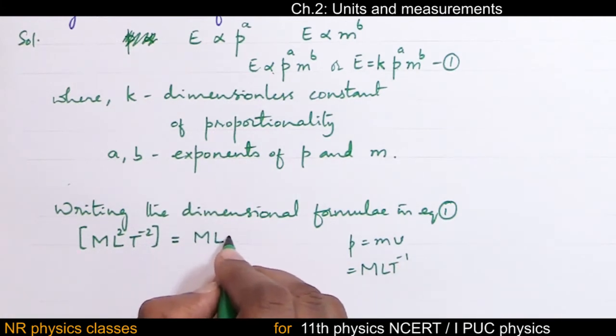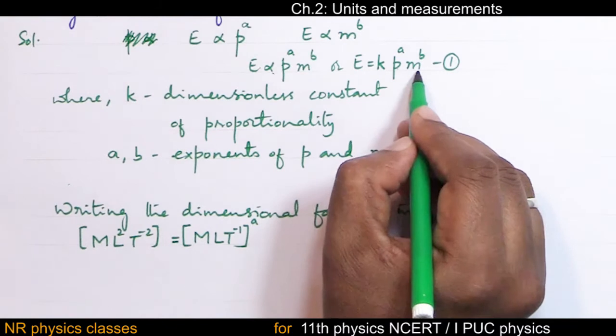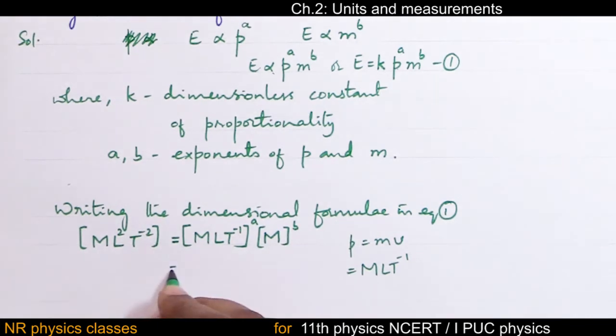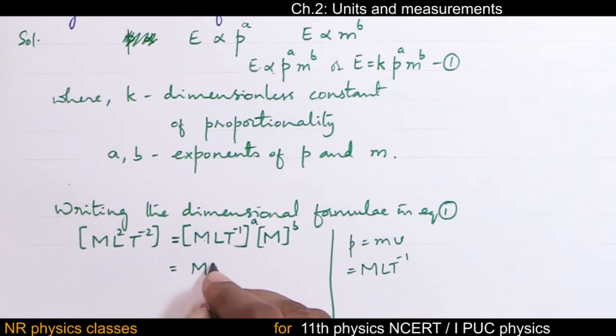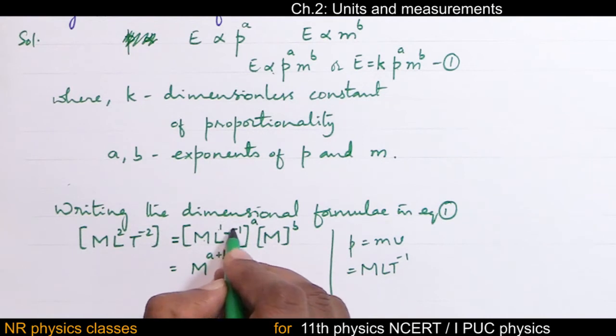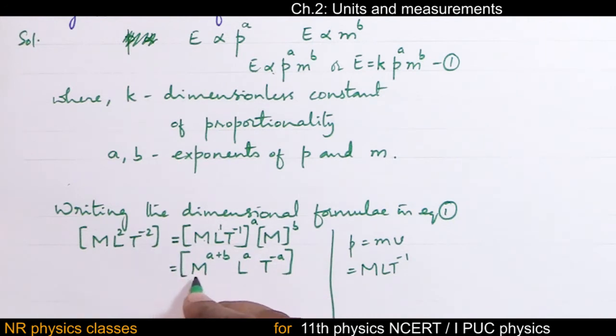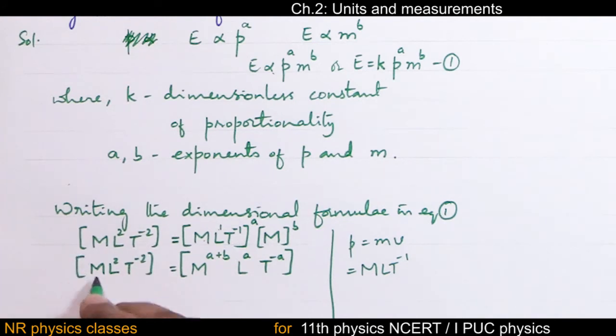So M L T^-1 whole to the power A, and mass to the power B. M^A, M^B, so it is M^(A+B). L to the power 1 into A is L^A. Time to the power minus 1 into A is T^-A. This equals M L^2 T^-2. So let us compare dimensions.